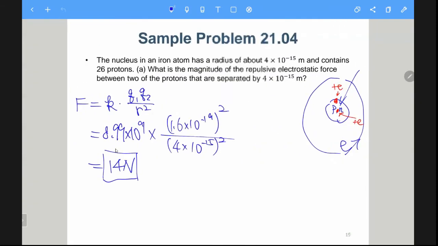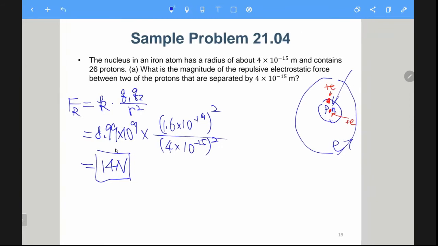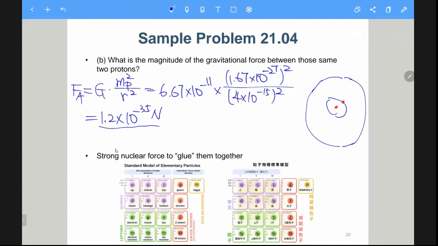Let's say this is F_R, the repulsive force, and this is F_A. So F_A is much smaller than F_R.